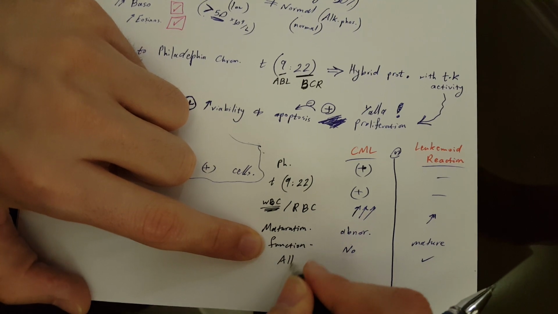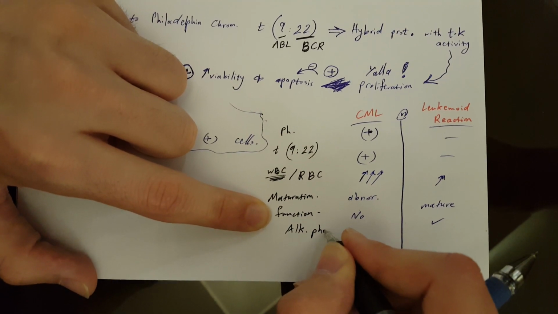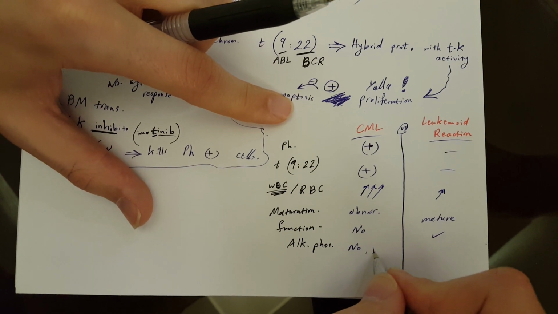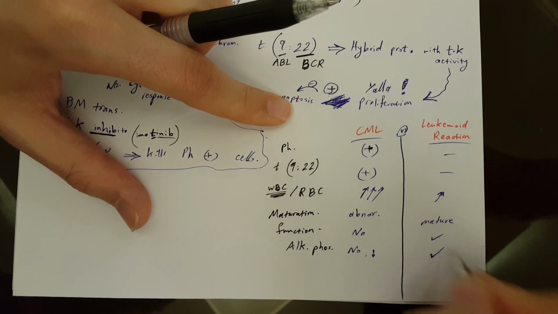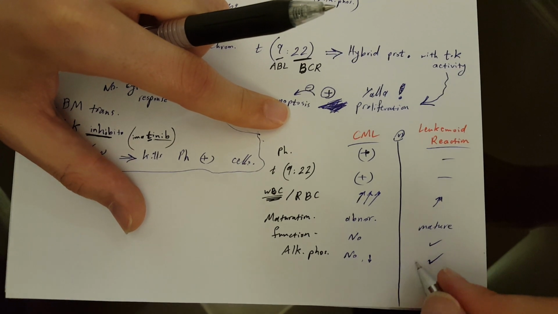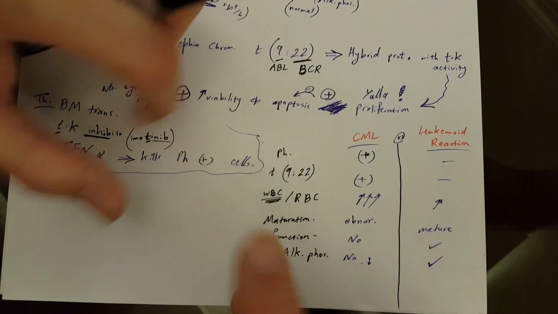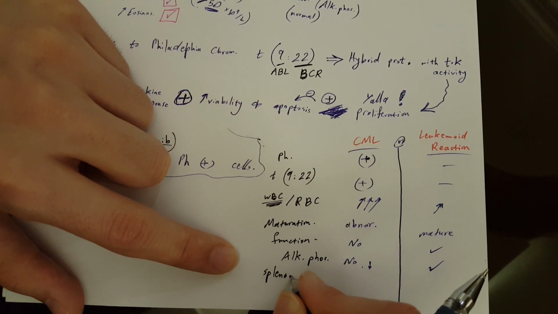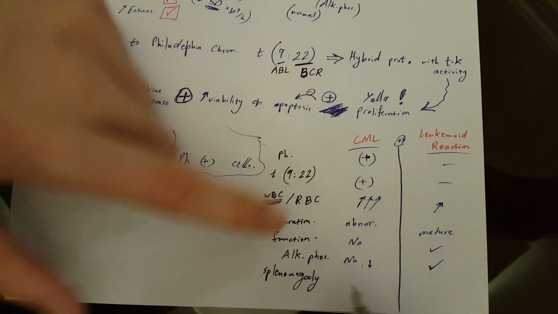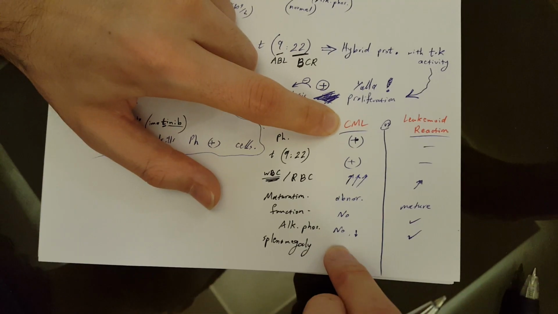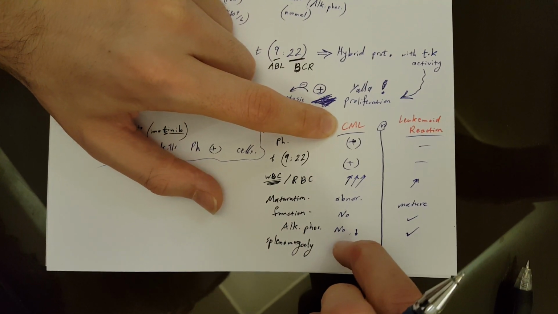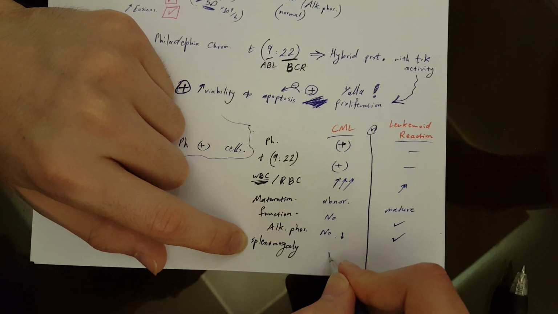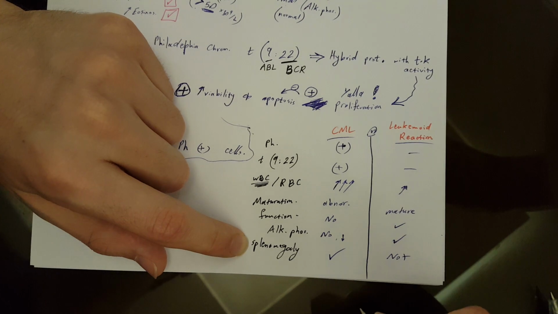Part of the function is the alkaline phosphatase. There's no alkaline phosphatase, or maybe it's low because the cells are not fully mature, but here it's normal, or even high can be. What else? Splenomegaly, for example. In a tumor, cells are overproduced, they overflow, and then there's extramedullary hematopoiesis, so splenomegaly is there, while here it's not.